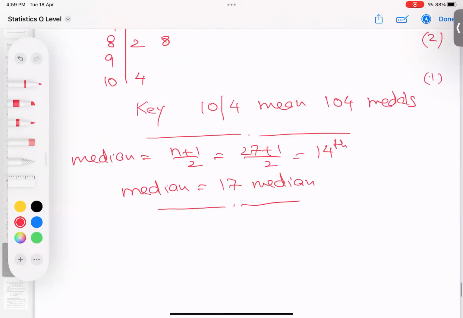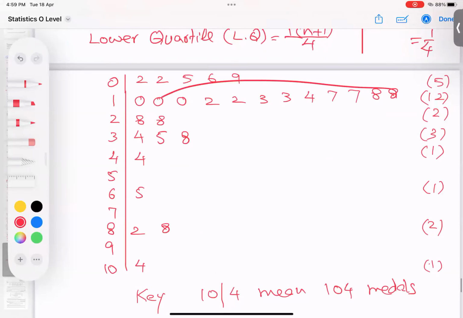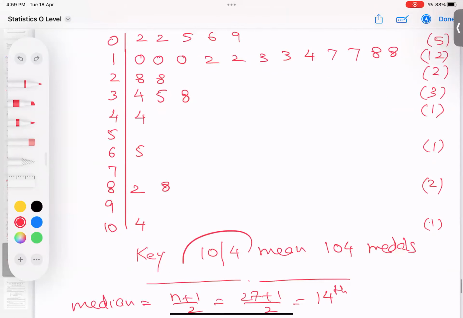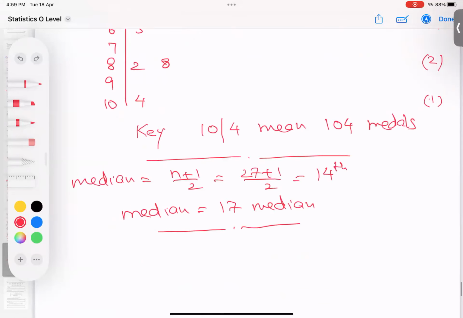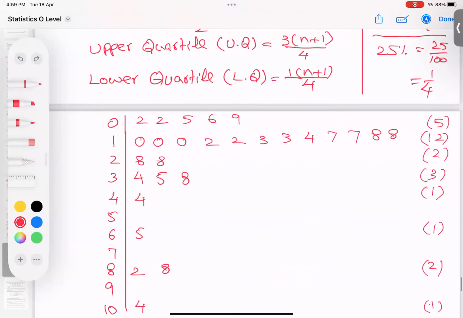I repeat again, because whenever we take a number from here, we will never take it directly. No, we will follow the key. For example, if I take this number 8, is 8 the answer? No, wrong. 38 is my answer, because you have to follow the key. I hope that is clear. And I repeat, why do we count 5?